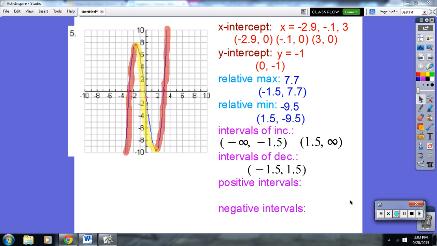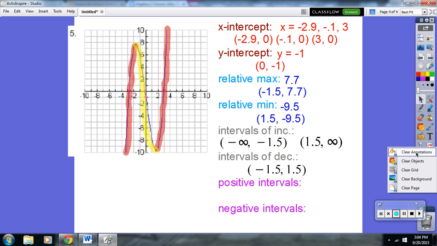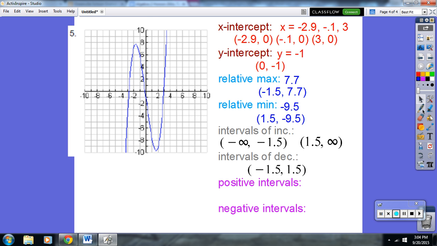Alright, last thing, positive and negative intervals. Positive and negative intervals refer to the y values. Positive is where you have positive y values, and negative is where you have negative y values. So if I am looking at my graph, really what I'm looking at is the top half and the bottom half. All the positive y values are above the x-axis.